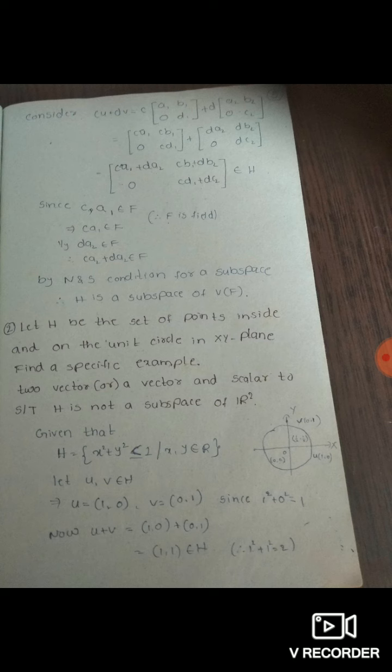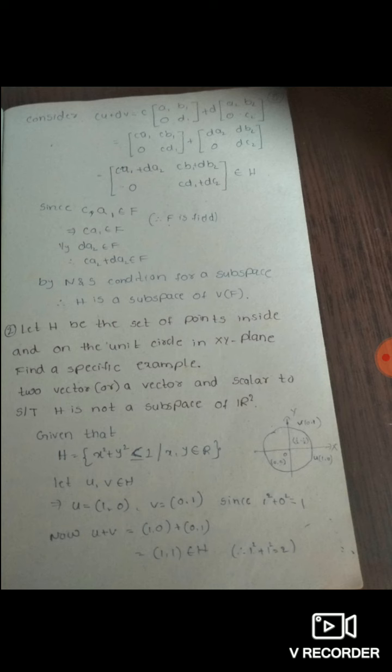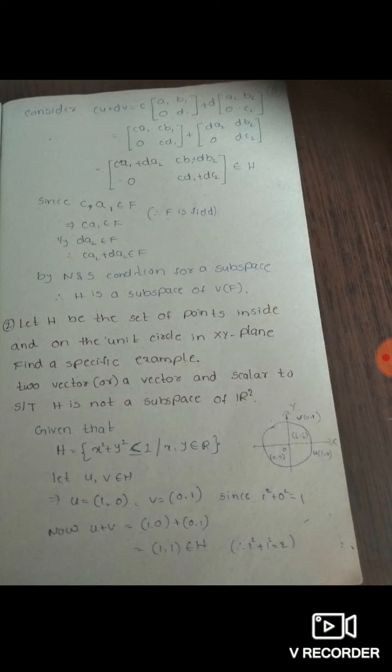Multiplying, we get [cA1, cB1; 0, cD1] plus [dA2, dB2; 0, dD2]. Adding the two matrices gives [cA1 plus dA2, cB1 plus dB2; 0 plus 0 is 0, cD1 plus dD2], which has the form of H, [A, B; 0, D].